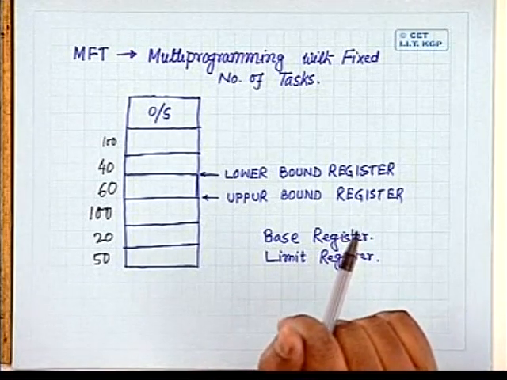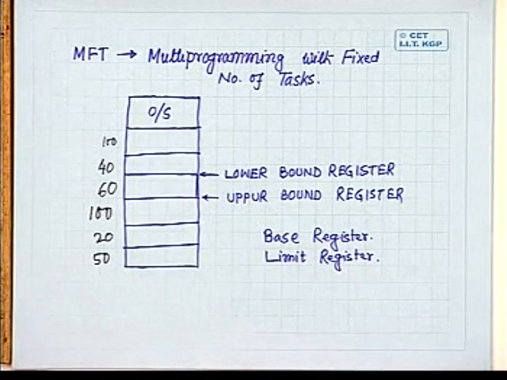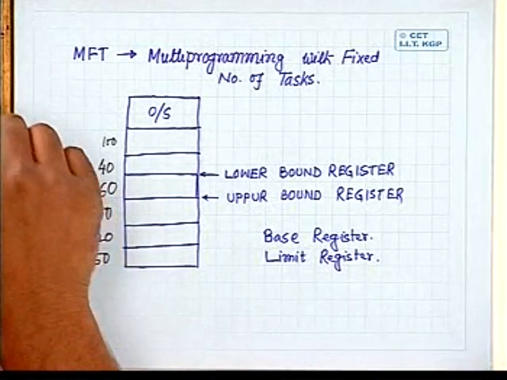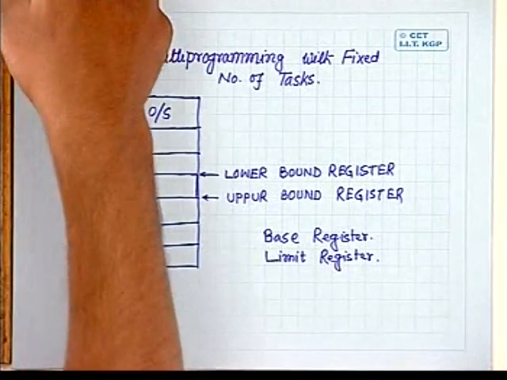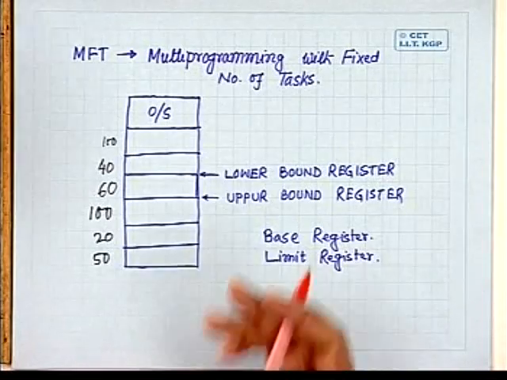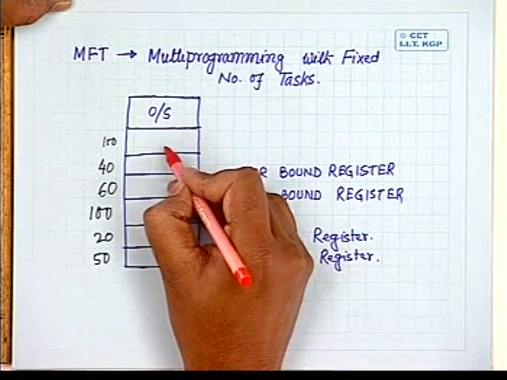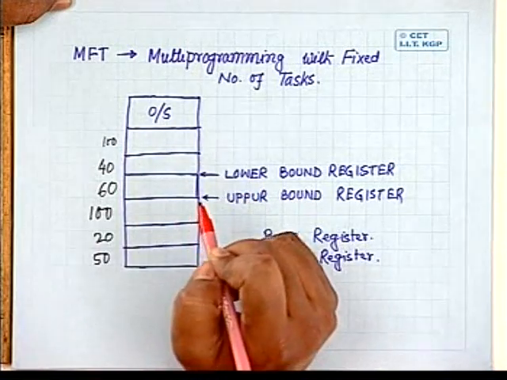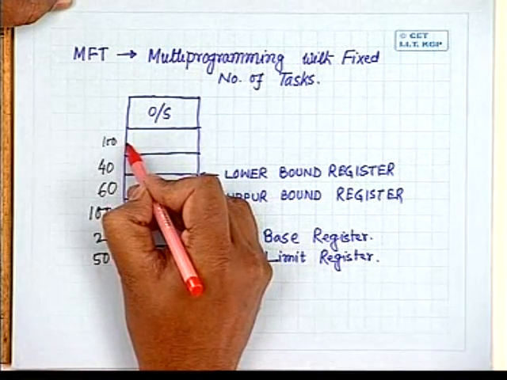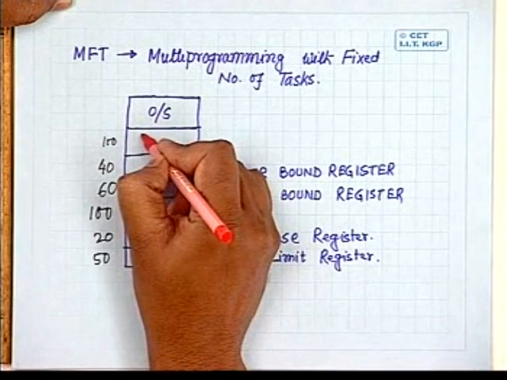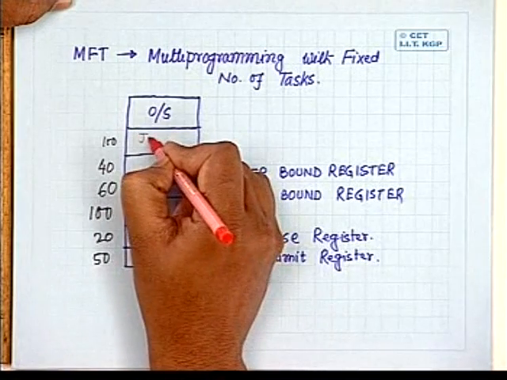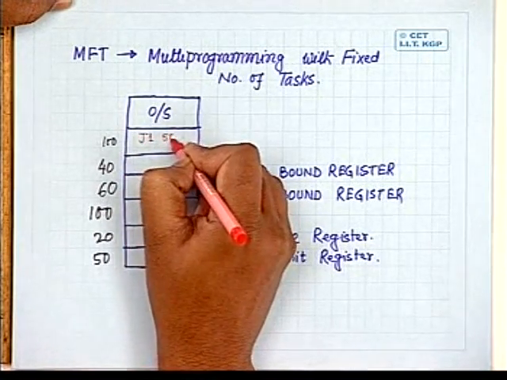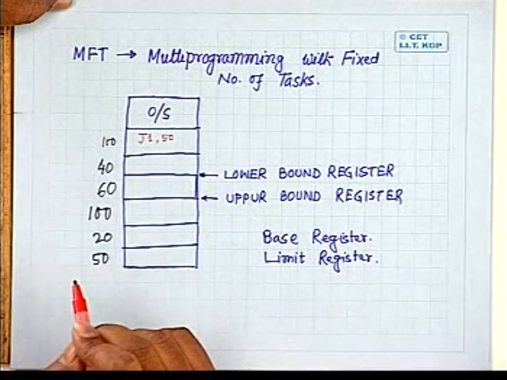Okay. So that being the situation, when I have a job whose size requirement is 50 kilobytes, it comes to this and finds that the first partition, whose size is 100 kilobytes, is free. So immediately this 100 kilobyte partition will be allocated to job J1, whose size requirement is actually 50 kilobytes.